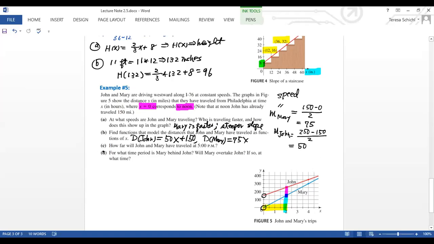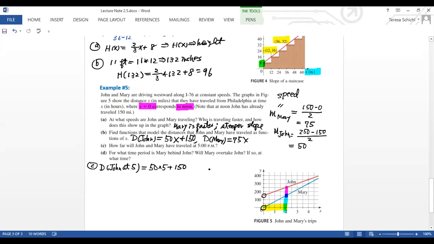Okay, now part C. They ask, how far will John and Mary travel at 5? Let's see John at 5. When x equals 0, that's the start. So John's travel is 50 times 5 hours plus 150.